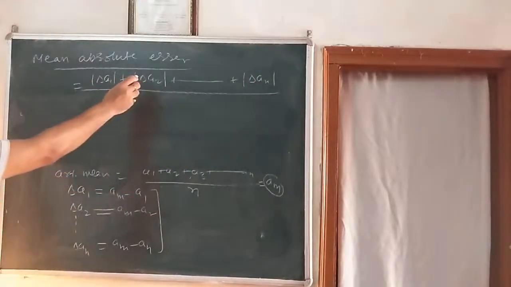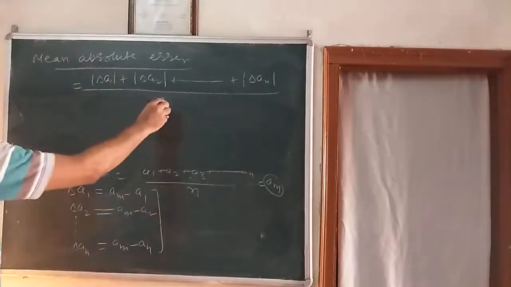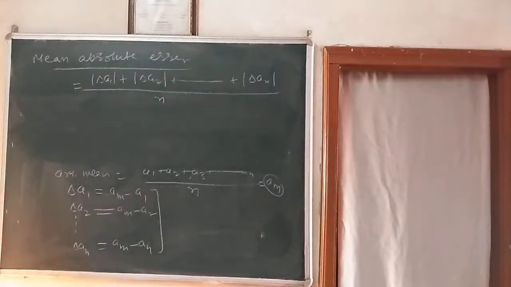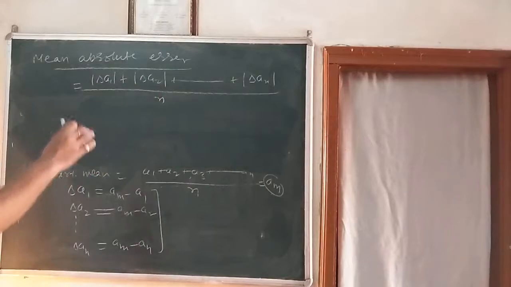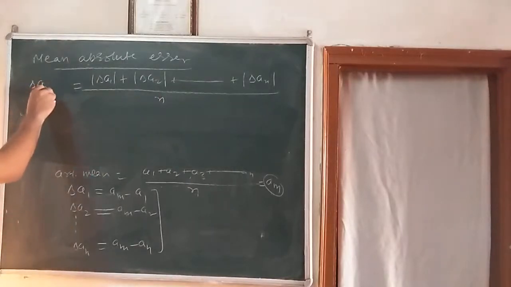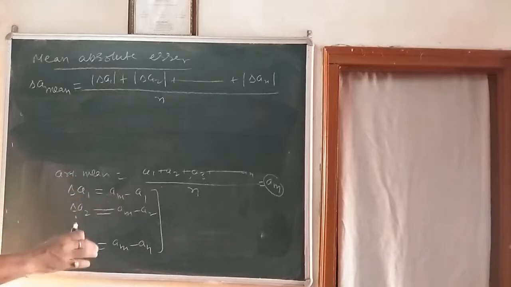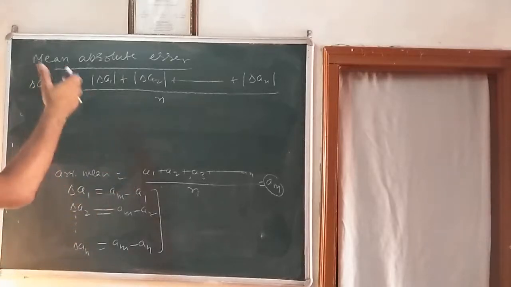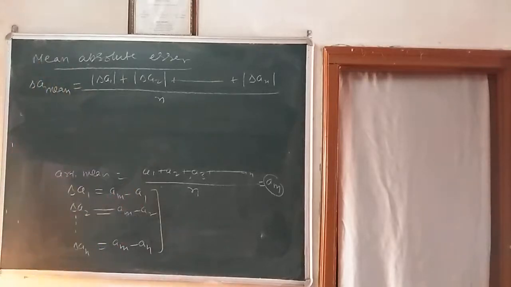Magnitude means only the positive quantity. Divided by n. This is called the mean absolute error, or delta of A mean. Is it clear? So we have found the absolute errors, then the mean absolute error.